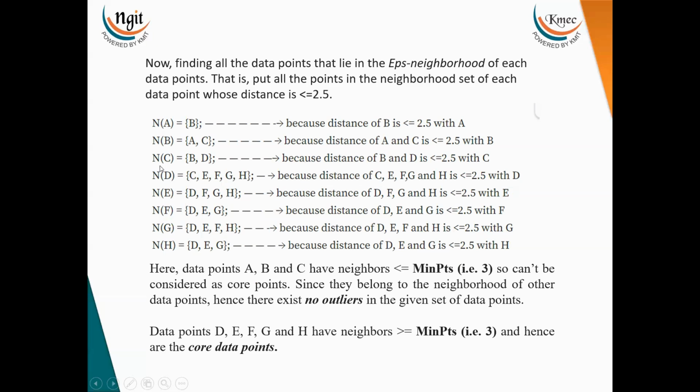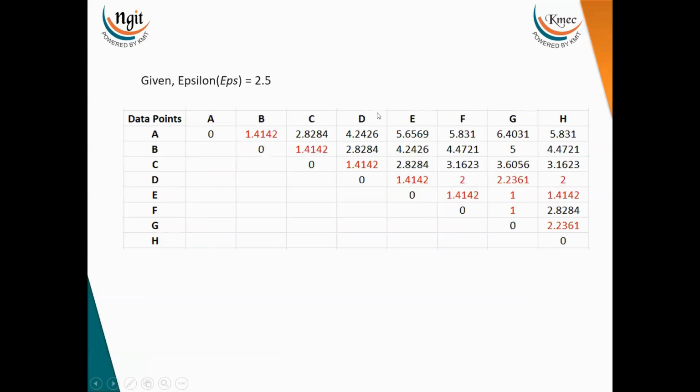Now, if you take the data point D, you can see the candidate points as A, B, C, E, F, G, H. Among those points, whichever the distance between the 2 points is less than the epsilon, we'll consider that. So D to C, what is the value? 1.41.